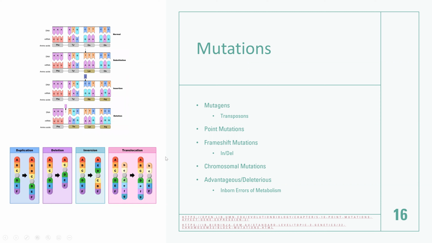Now, mutations don't necessarily have to be all bad. They can be good, and you can see that in sickle cell disease. In some areas of the world, malaria is a strong factor in survival. Sickle cells are generally bad for humans because they reduce a red blood cell's lifespan.